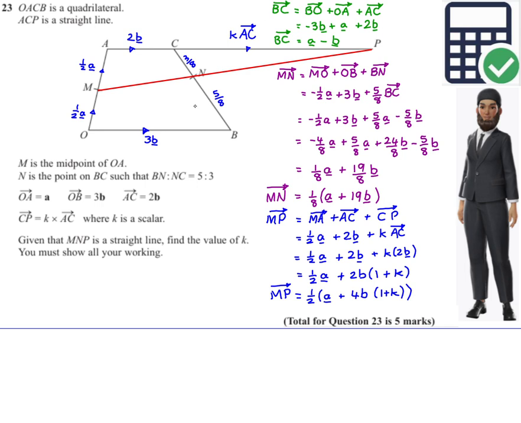So given that M, N, P is a straight line, let's write it down.